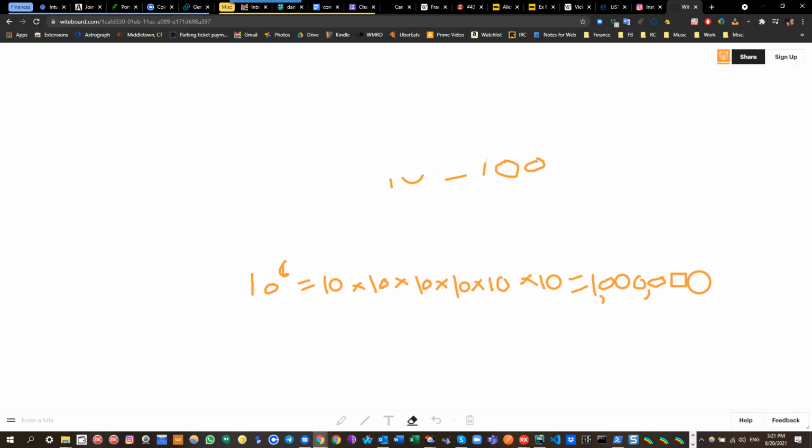So what that means is that every place in a number is some power of 10. So let's say I have 137. Each of these places is some power of 10.